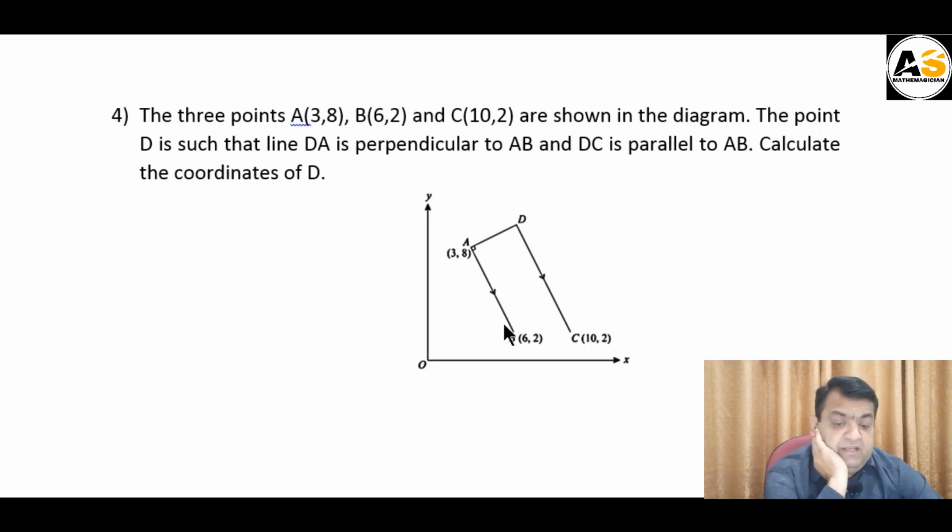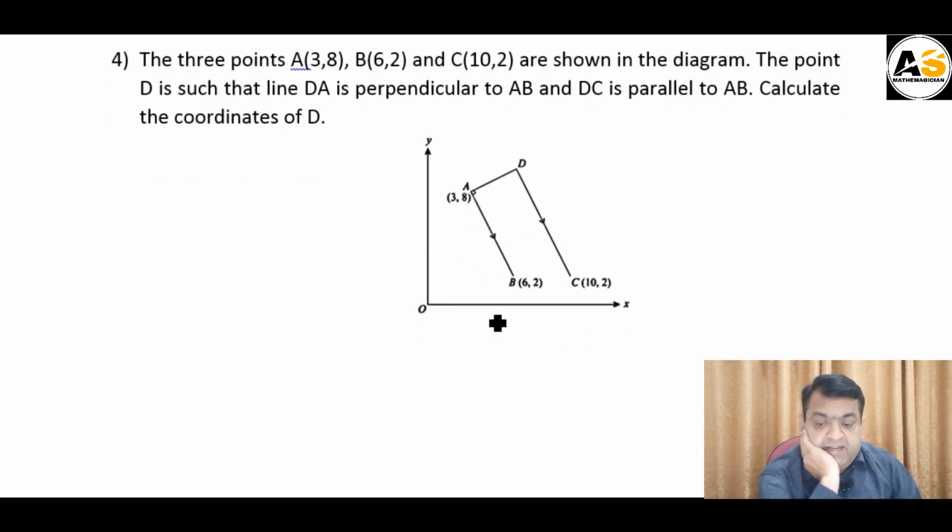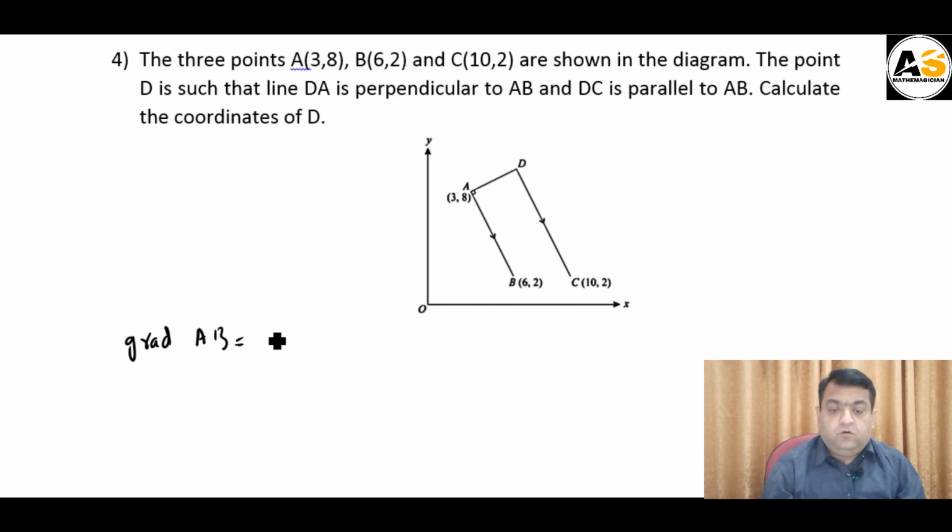Now, in order to find the coordinates of D, we will need the equation of AD and equation of DC. We only know the gradient of AB. So, gradient of AB is y2 minus y1 over x2 minus x1. This will be 6 over minus 3, which is minus 2.